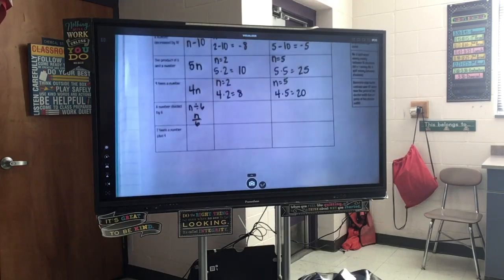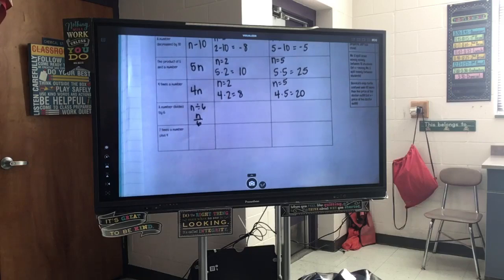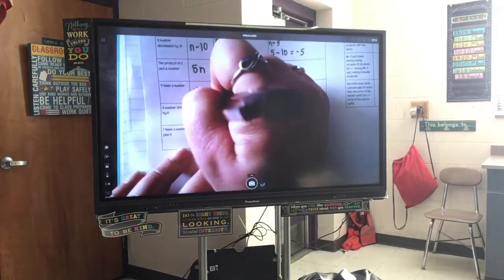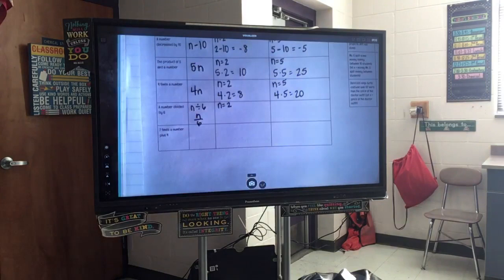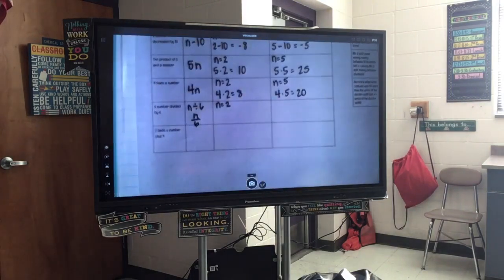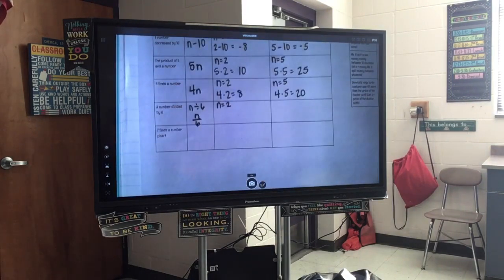Okay? All right, so now, if I have n equals 2, what do? I'm not asking you to solve. I'm just asking you to tell me what are we going to do. Kyra, what are we doing here? 6 divided by 2. Mm-mm. Where's your n?